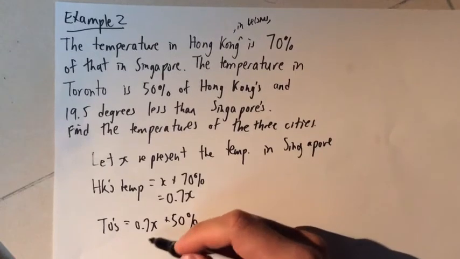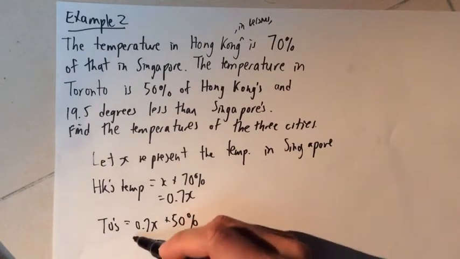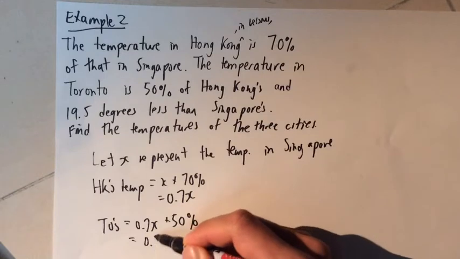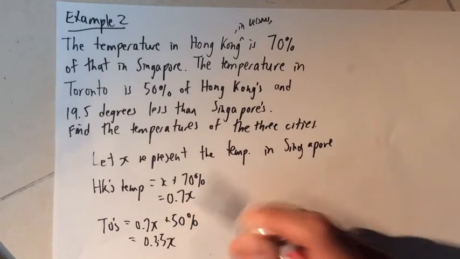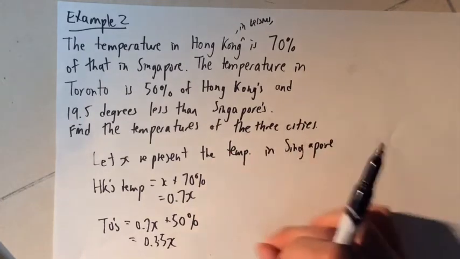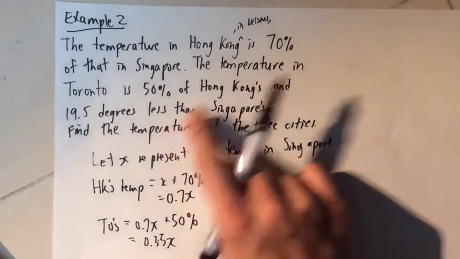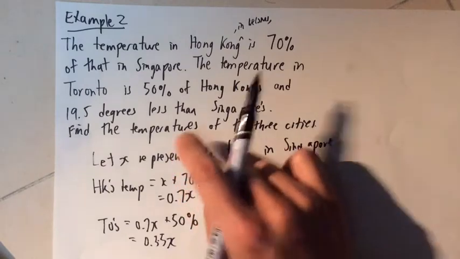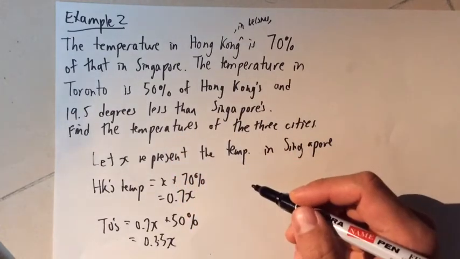Okay, and that would be 0.35x. Okay, with this set up, we can now make our equation. We know the temperature in Toronto is 19.5 degrees less than Singapore's.